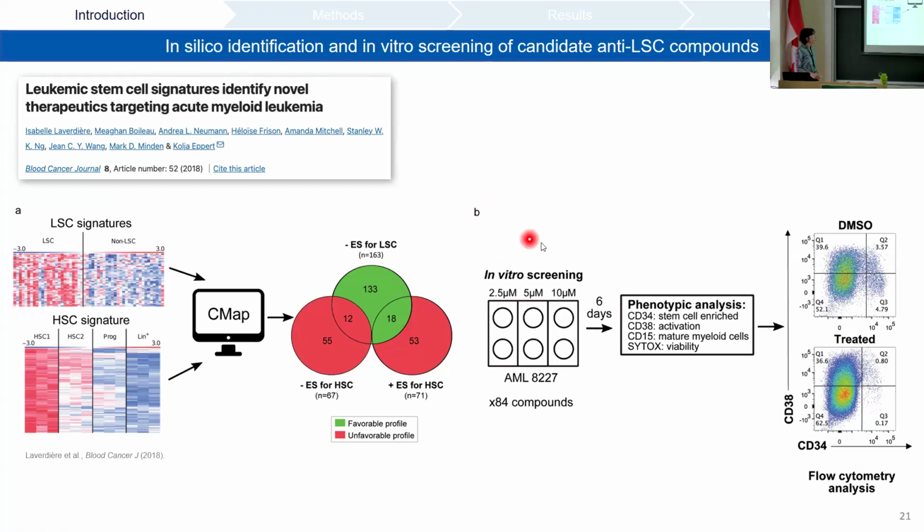And then they performed an in vitro screening of these drugs with a favorable profile at different concentrations on the same AML 8227 cells. And through flow cytometry, we were able to determine their viability for stem cell populations, as well as mature myeloid cell populations.